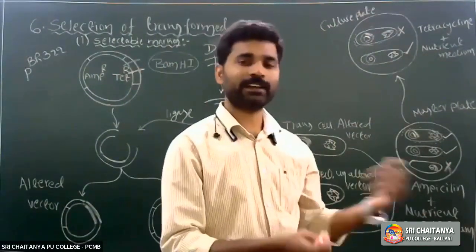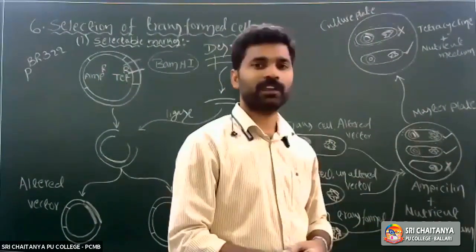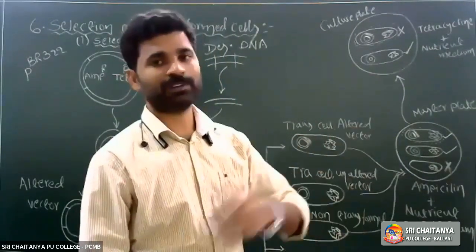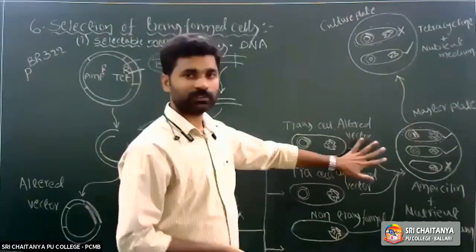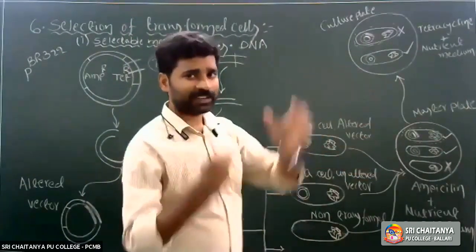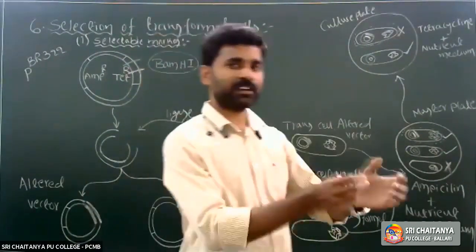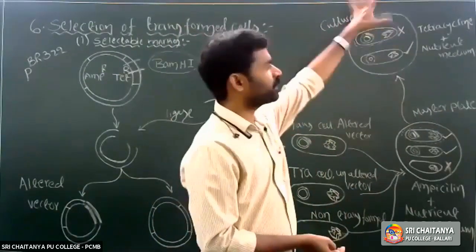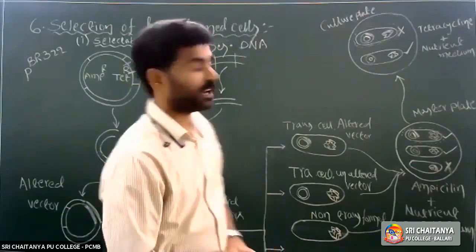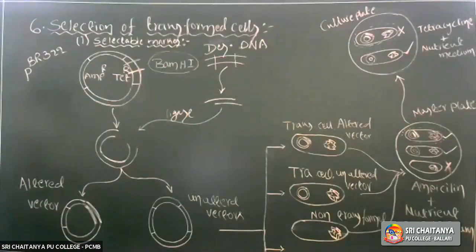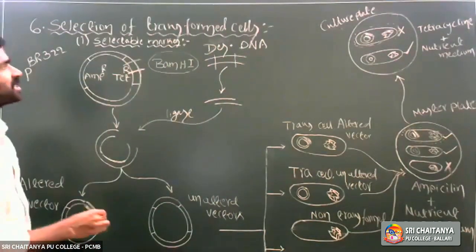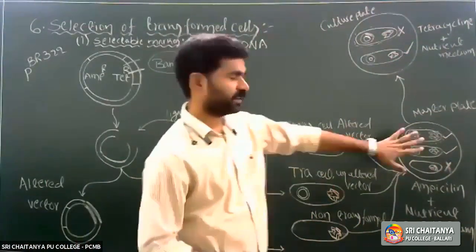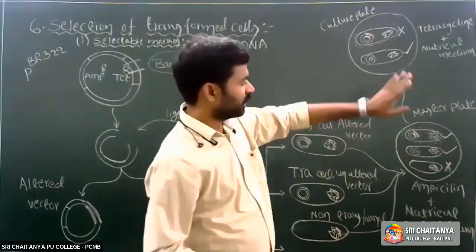We selected transformed cells from the non-transformed cells, and finally we collected recombinant cells from the non-recombinant cells. Right? Now tell me, which type of resistant gene helps in selection of transformed cells from the non-transformed cells? So only two questions here.